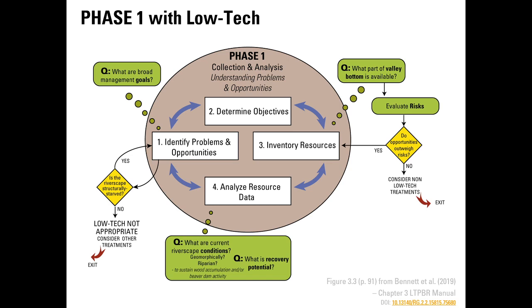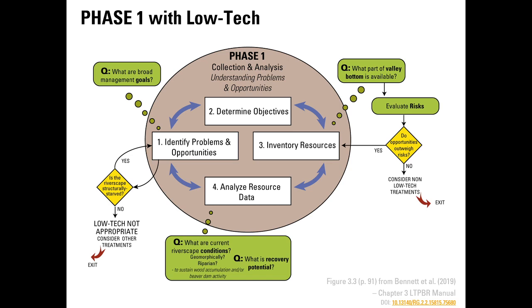All right, in phase 1 of the planning process, which we will cover here in this module, what we're really focused on is identifying what are those broad management goals, what are the riverscape conditions, and what's the recovery potential.